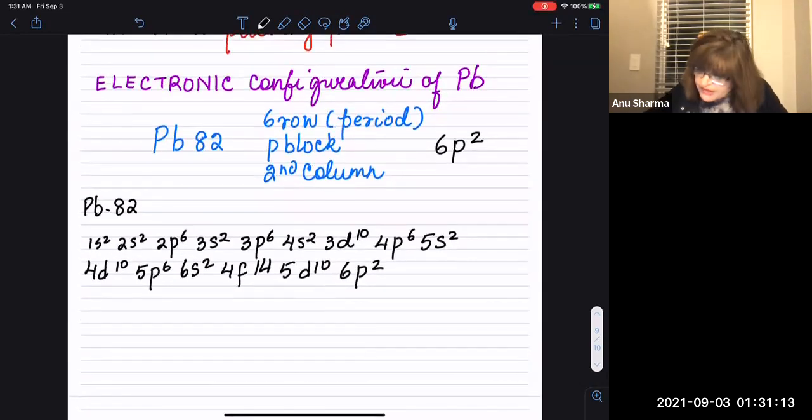And if you count these, you will see this: 2 plus 2, 4 plus 6, 10, plus 2, 12, plus 6, 18, plus 2, 20, plus 10, 30, plus 6, 36, plus 2, 38, plus 10, 48, plus 2 is 50, plus 6 is 56, and then 14, 10, and 2.